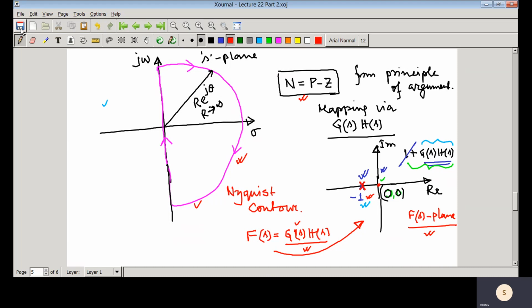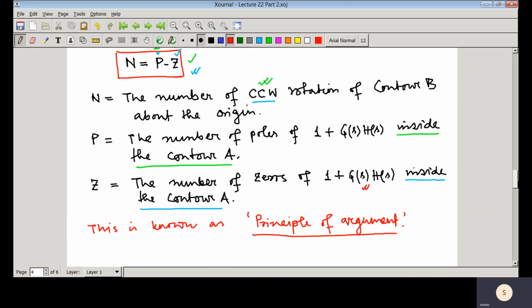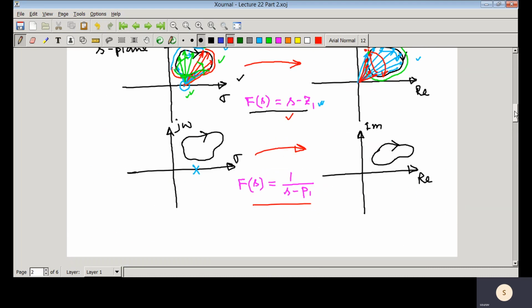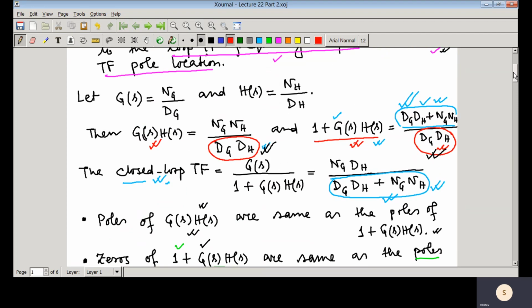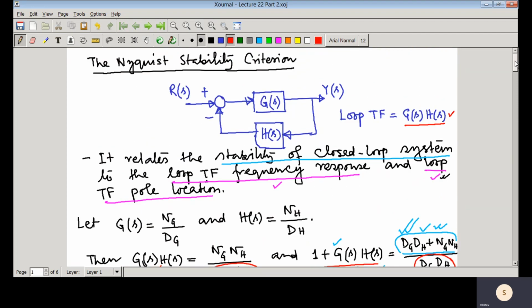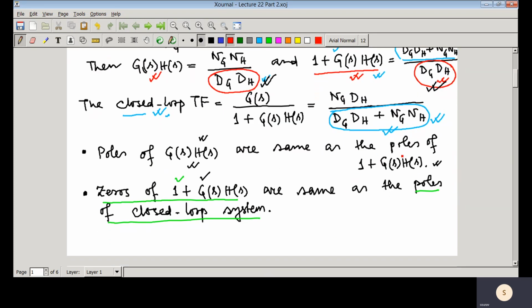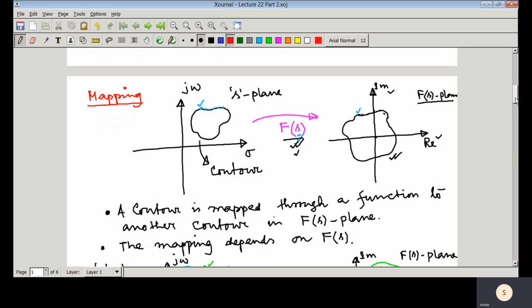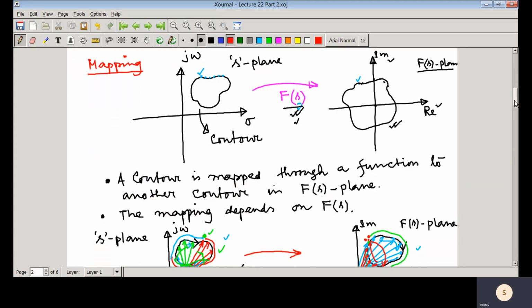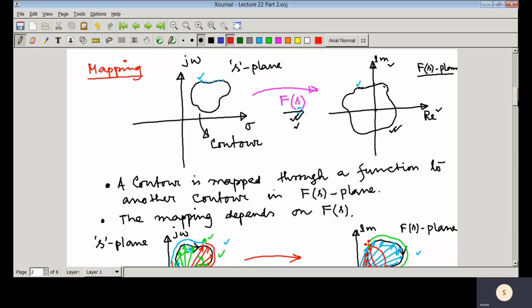So today, in this part of the lecture, we have discussed the poles and zeros of 1 plus g of s h of s. We have seen the poles of g of s h of s are the same as the poles of this, and the zeros of 1 plus g of s h of s are nothing but the poles of the closed loop system. Then we discussed one interesting result of complex analysis, called the principle of argument.